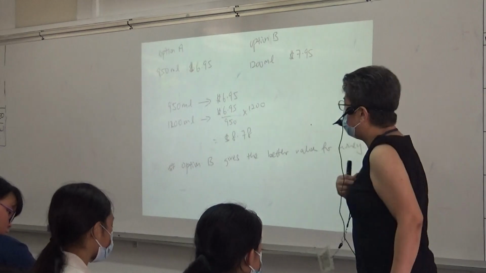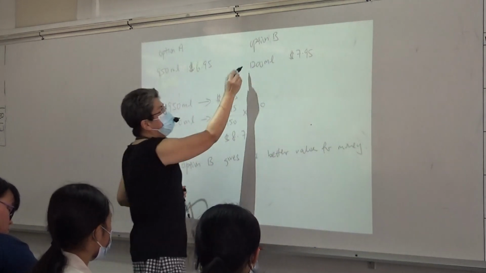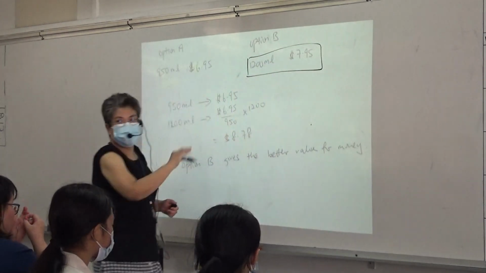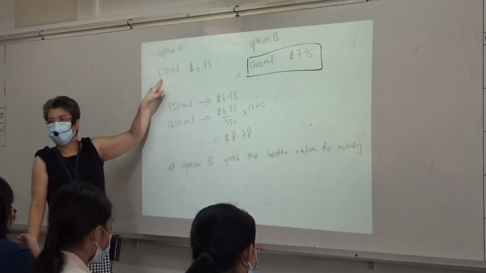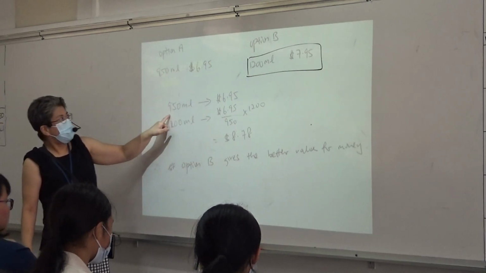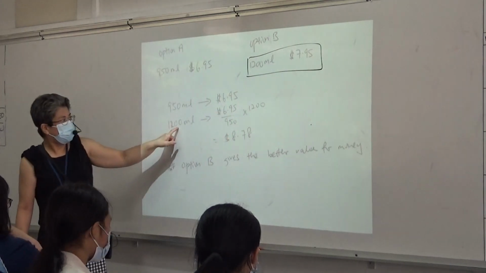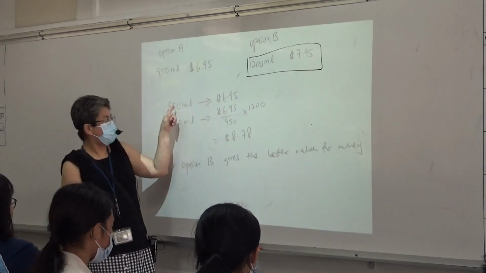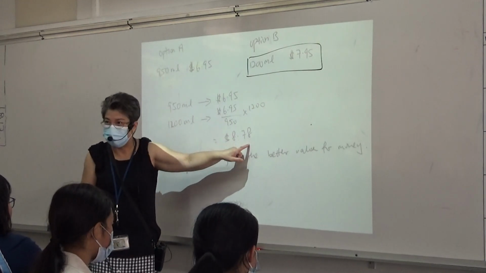Yes. Correct. Now, so I keep this one. I'm going to compare with this one. So let's look at option A. 950 ml is 695, right? So 1,200 ml will be this over this times this. Correct? So I'll get 878.